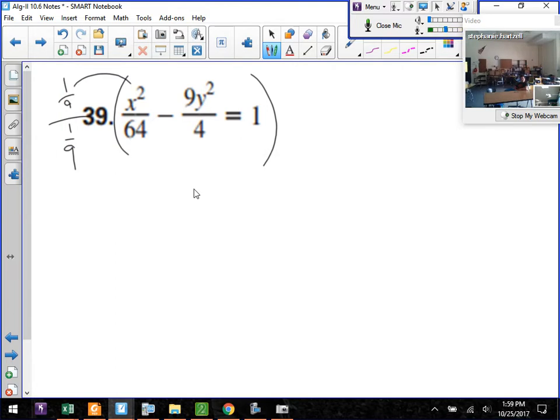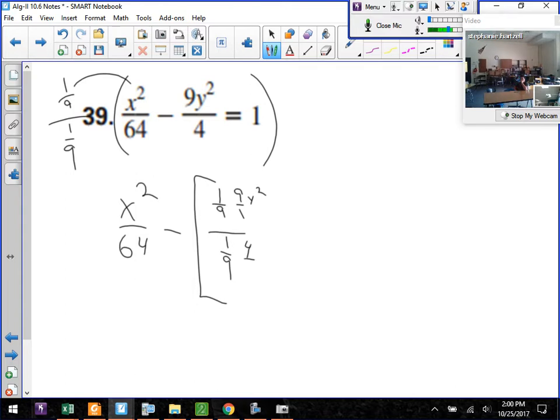It's just 1. So 1 times x squared over 64 is still x squared over 64. 1/9 times the other one winds up looking like this: 1/9 over 1/9 times 9 over 1 times y squared over 4 over 1.